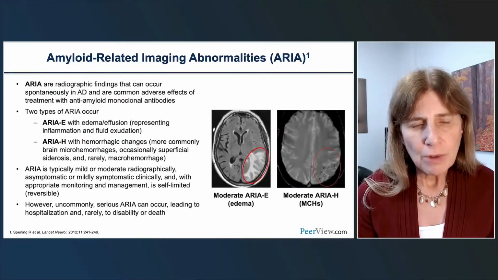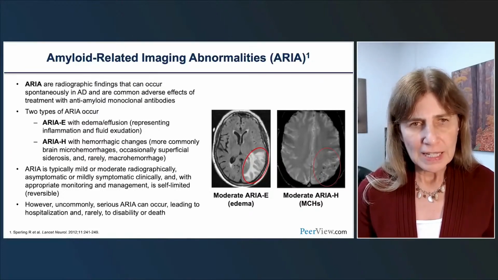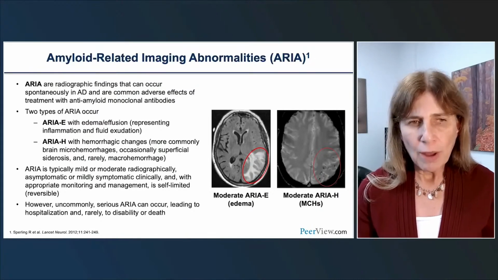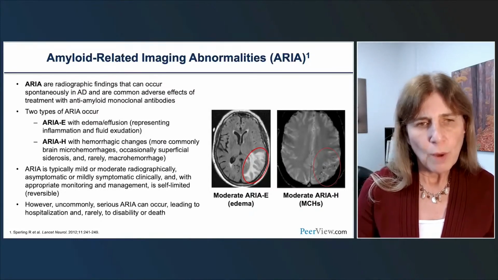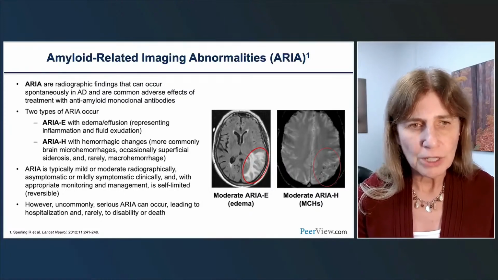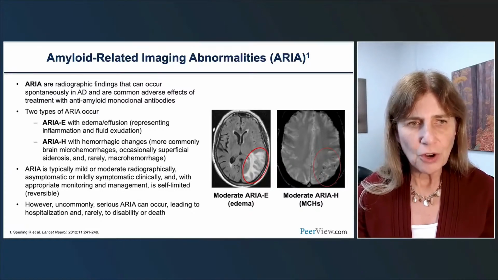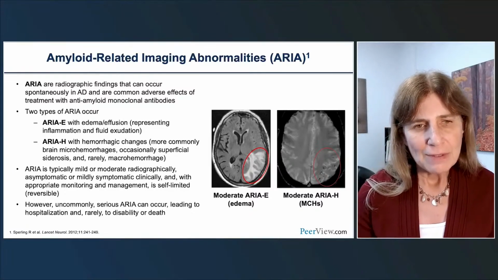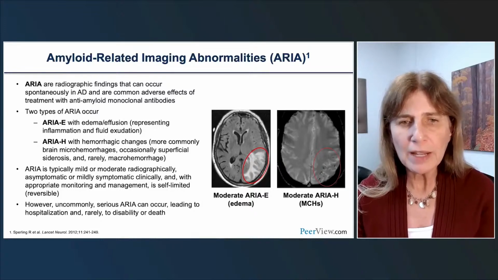ARIA is a radiographic finding by and large. It stands for amyloid-related imaging abnormality. It occurs spontaneously in Alzheimer's disease without any antibody treatment. However, the prevalence of ARIA is more common when there is anti-amyloid monoclonal antibody treatment. There are two types of ARIA. ARIA-E, which stands for ARIA with edema or effusion, represents some inflammation and fluid exudation into the brain parenchyma.